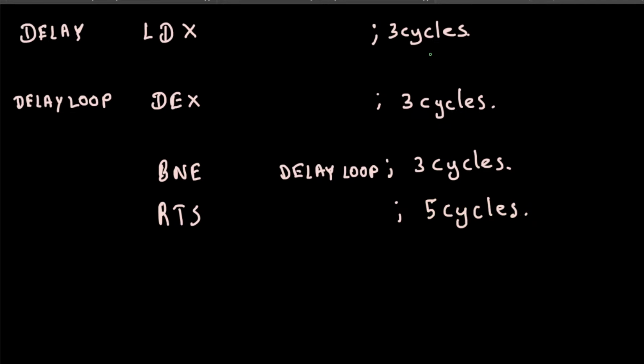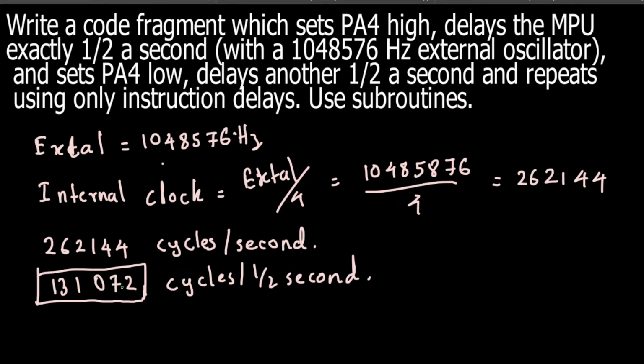So 3 plus 5, 8 is gone. If you subtract 8 from this, that is 131,064, and if I divide this one by 6, I'm still getting a fractional number.